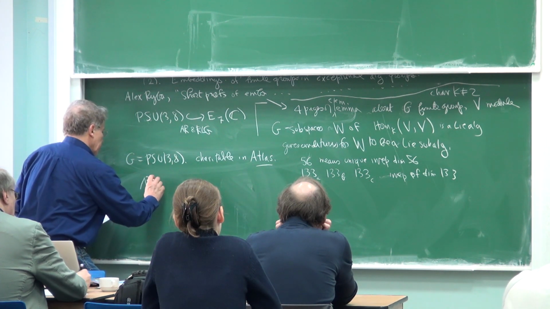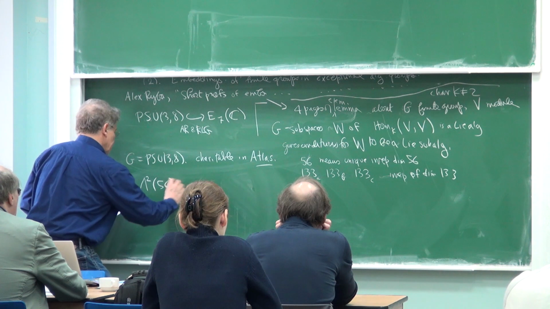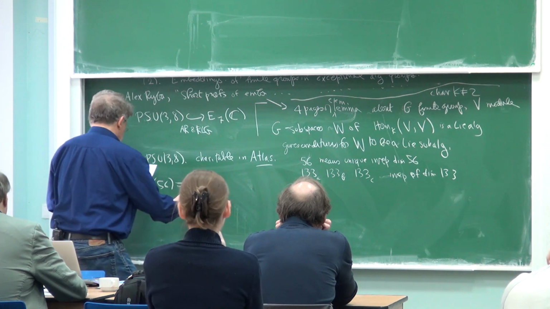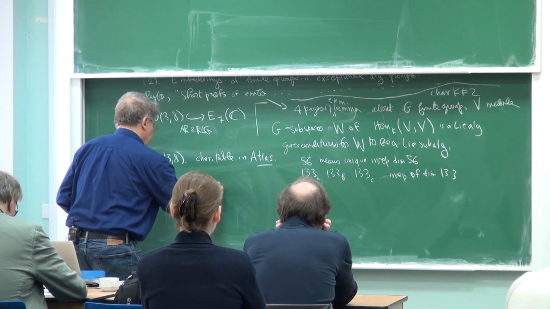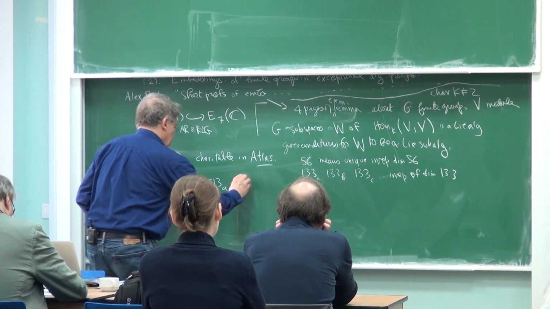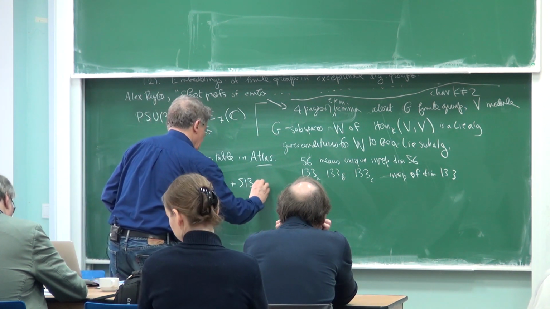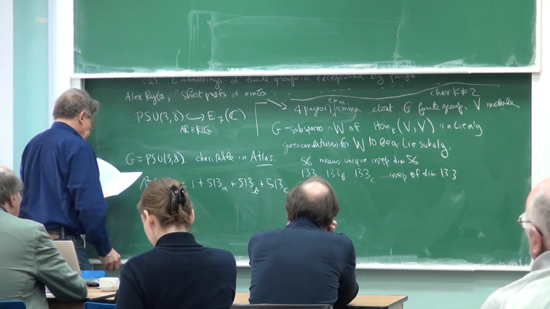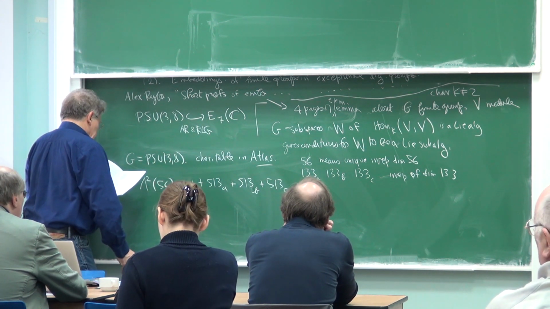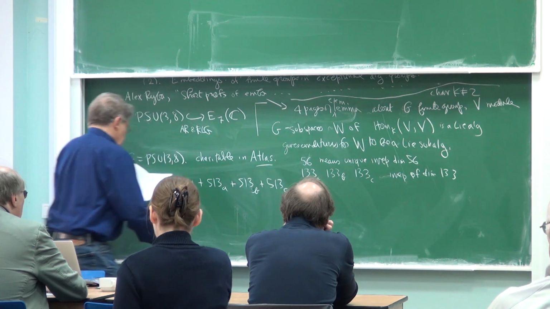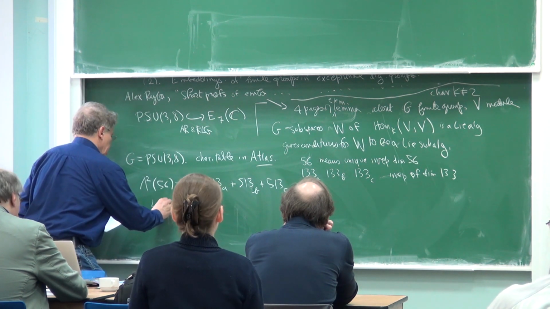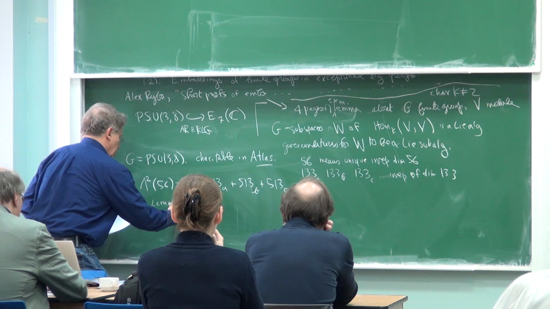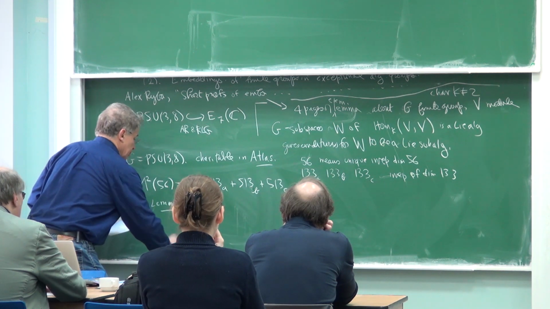The exterior square of 56 is 1 plus 513a plus 513b plus 513c. And so by lemma 3, now just for reasons of time, I'm not proving these.